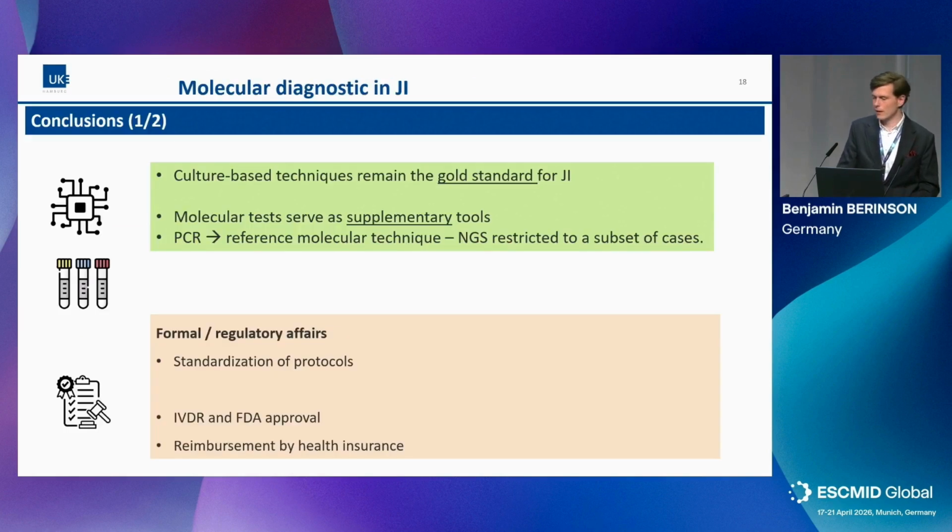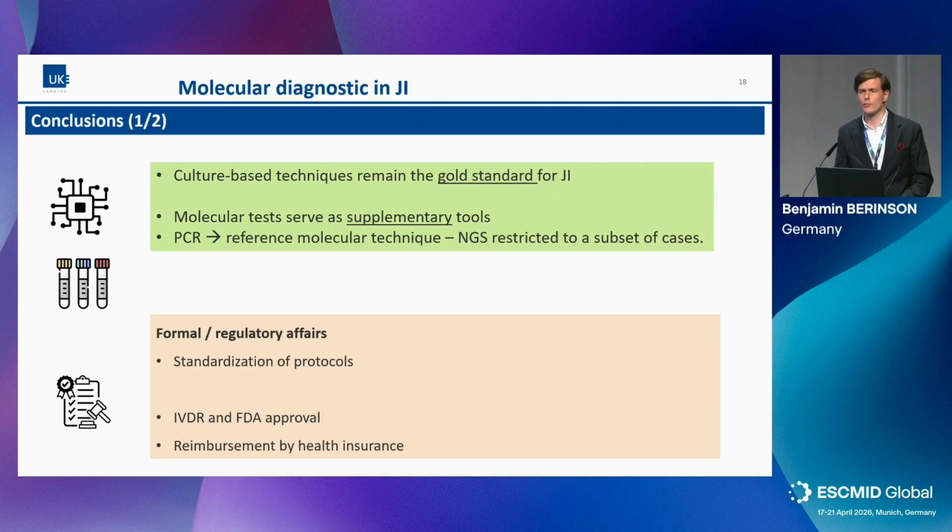So to sum up, culture-based techniques still remain the gold standard, but molecular tests serve as very important supplementary tools. Here we're first thinking about PCRs, and NGS is so far at least still restricted to a subset of cases. One has to keep in mind that there are obviously formal and regulatory affairs still to be addressed beforehand.